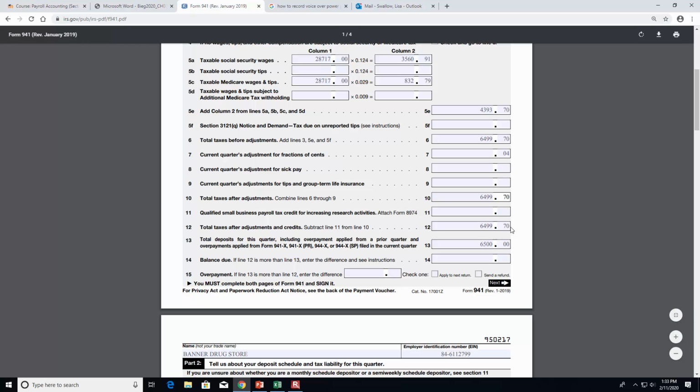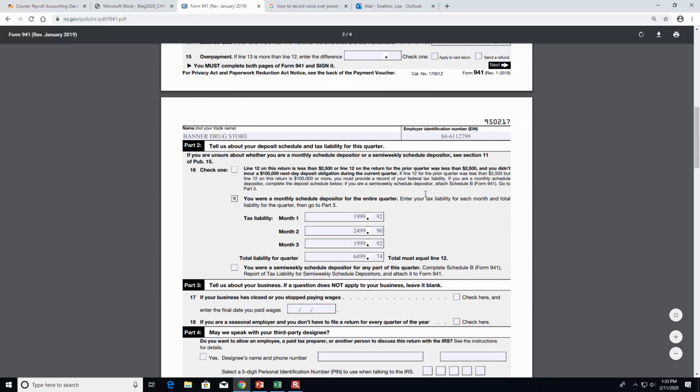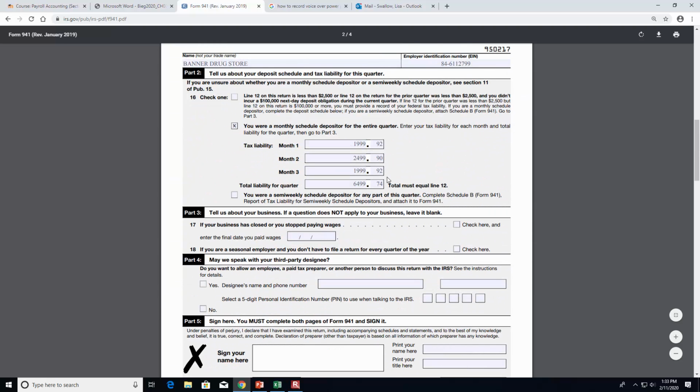The way that I do it, and I could care less which way you do it, I'm showing you what the book does. What I do is I just go in there and I need this to equal 70 cents, so I'm just going to pull 4 cents off of there. It says here you've got to equal line 12.